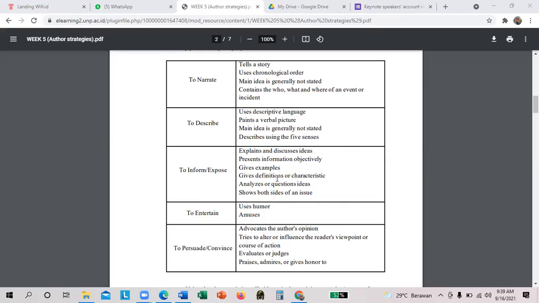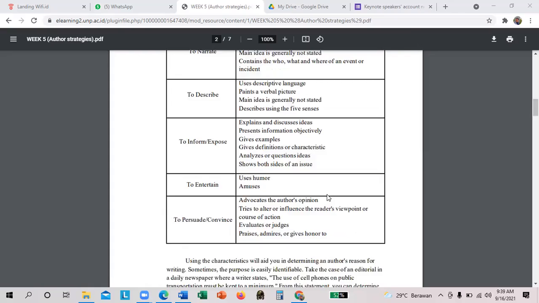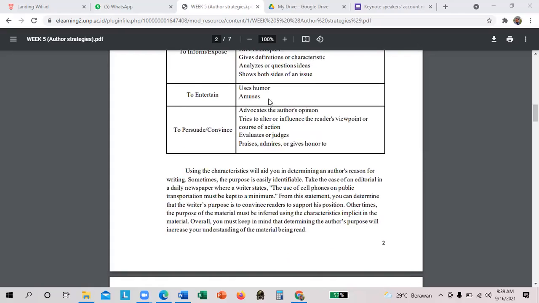To inform means to explain, to discuss ideas, to present information objectively, give examples, give definitions, analyze questions, show sides of an issue. Okay. To entertain, to use humor, to amuse someone, right?